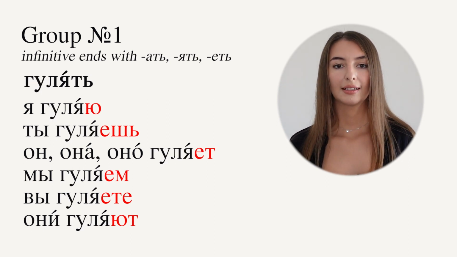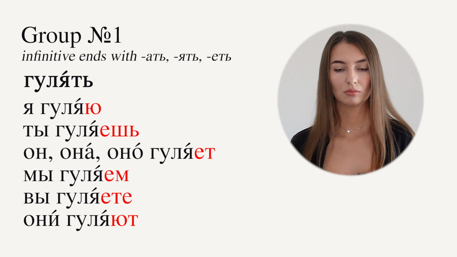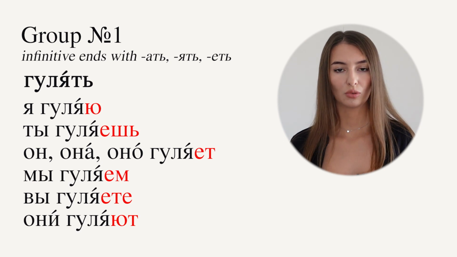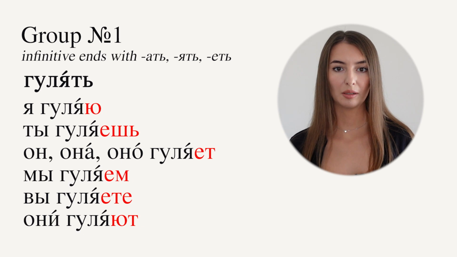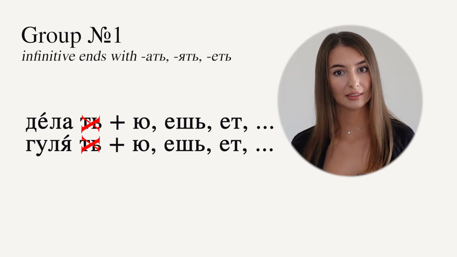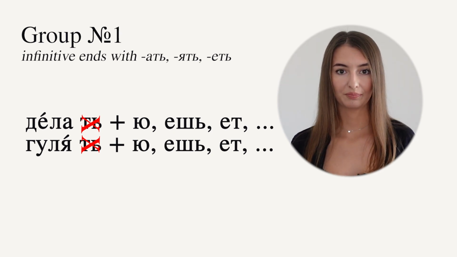Or я гуляю, ты гуляешь, он, она, оно гуляет, мы гуляем, вы гуляете, они гуляют. So here we put away the two last letters, ть, and put the personal endings of the present tense.